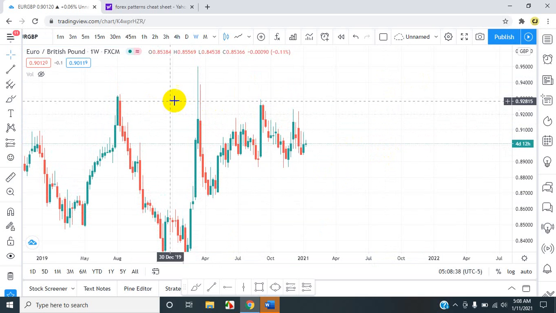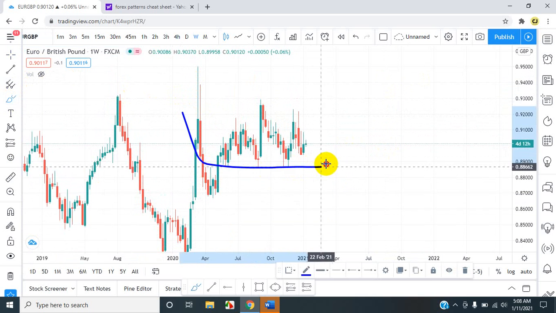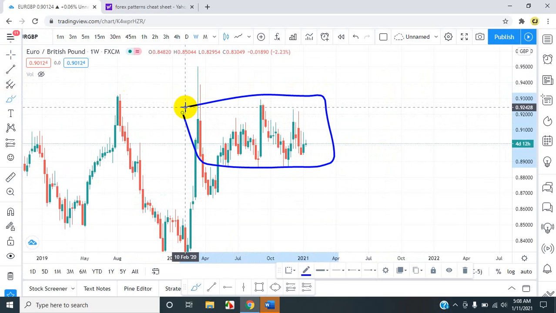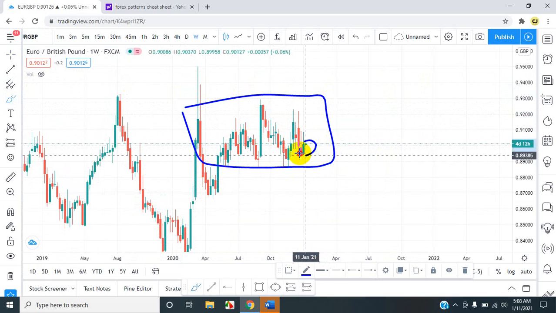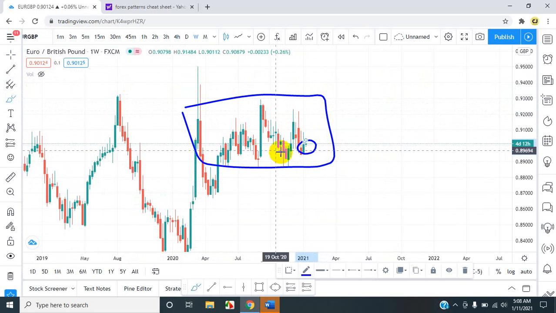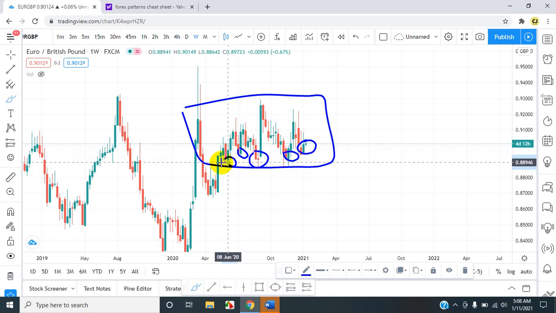Like I said, this is a big area of some type of consolidation in this square. So we're looking for some type of breakout, and the price action is at the area of lower lows here. So we got 1, 2, 3, 4, 5, we got a breakthrough 6, another breakthrough 7.